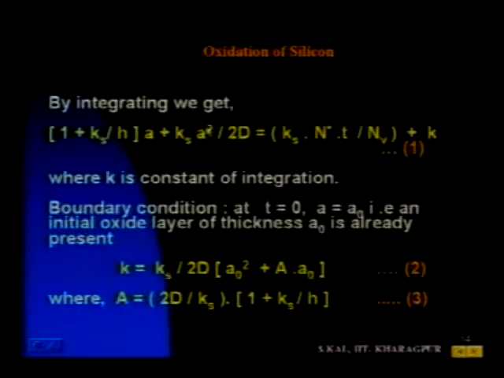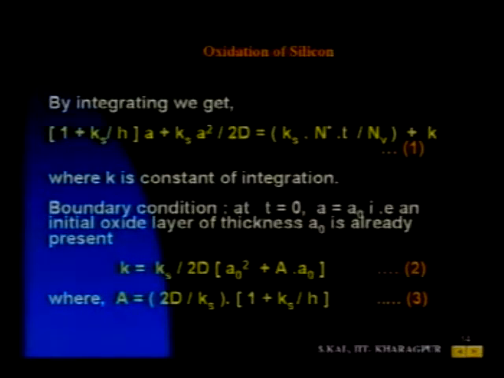Now, by integrating that equation, we get this relation: 1 plus Ks by h into A plus Ks A square by 2D is equal to Ks N star t by Nv plus small k. This small k is the constant of integration. The value of this constant of integration is found from the boundary condition.